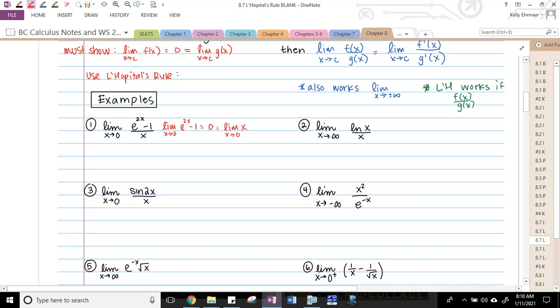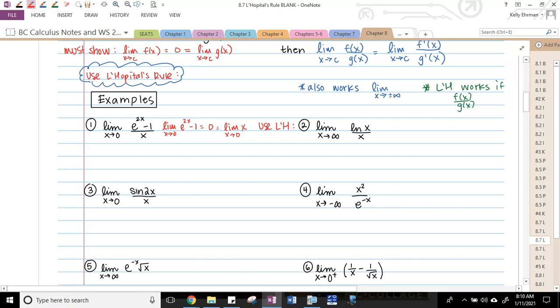So we know this to be true. So I'm going to say, now I'm going to abbreviate this in my notes, use LH. I'm fine if you abbreviate it like that on our homework, but on the AP test, please write out using L'Hopital's rule or use L'Hopital's rule or by L'Hopital's rule, whatever.